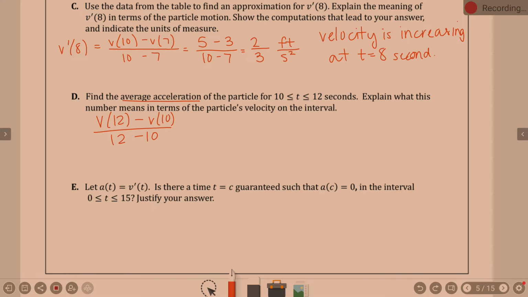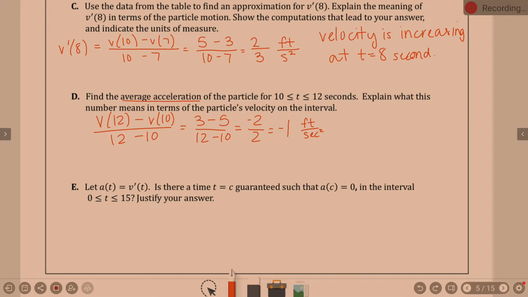So v of 12 is 3 minus v of 10 is 5 over 12 minus 10. Negative 2 over 2, which is negative 1. Negative 1 what? Feet per second squared again, right?